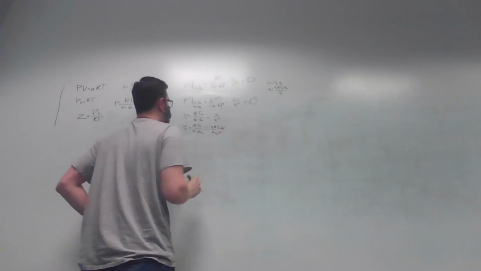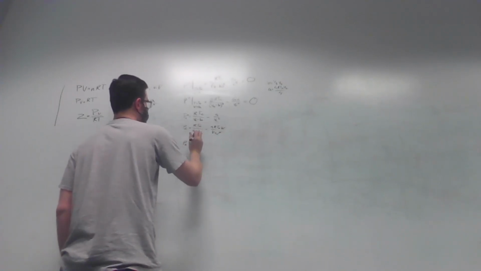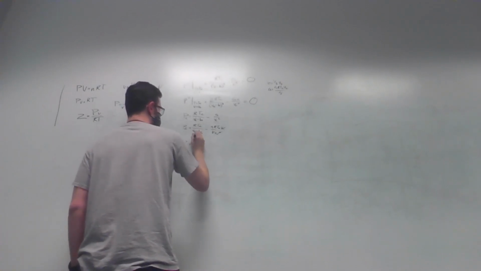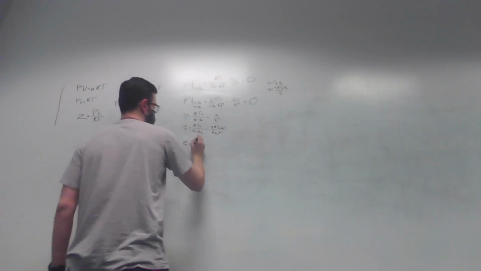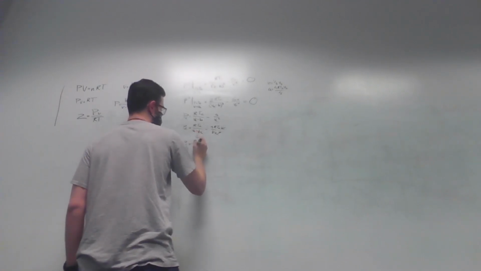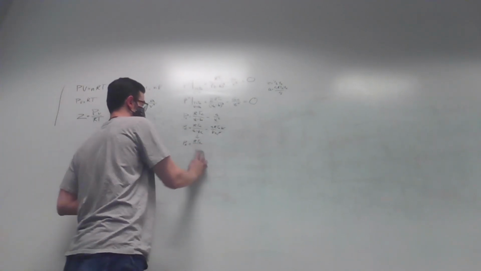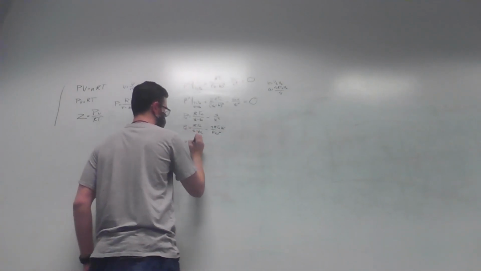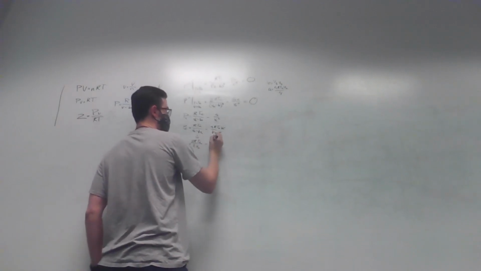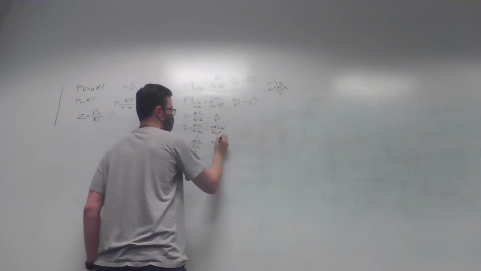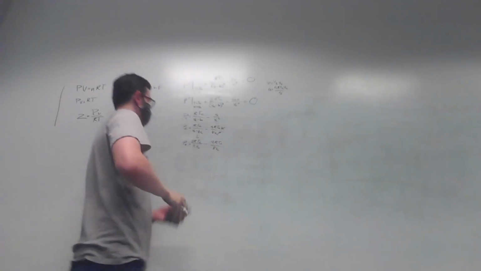Cancels out, goes to critical pressure equals R times critical temperature over 2/3 critical volume, which means this is actually 3/2, so 3 over 2 minus 9R critical temperature divided by 8 critical volume. Okay.